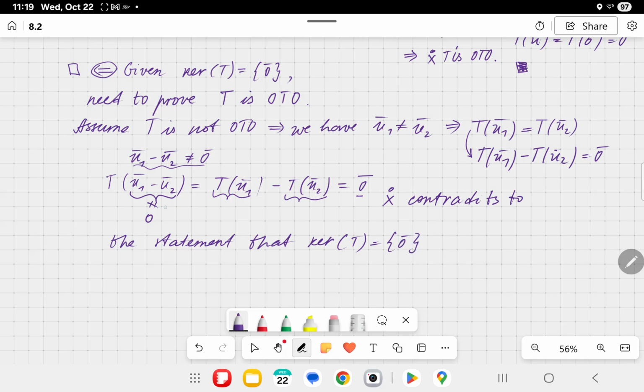It means that there is some other non-zero vector which will go into this 0. Basically, it contradicts what is given. Okay, kind of a simple proof, but a nice one.